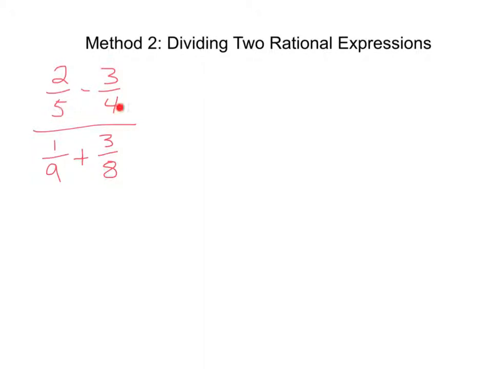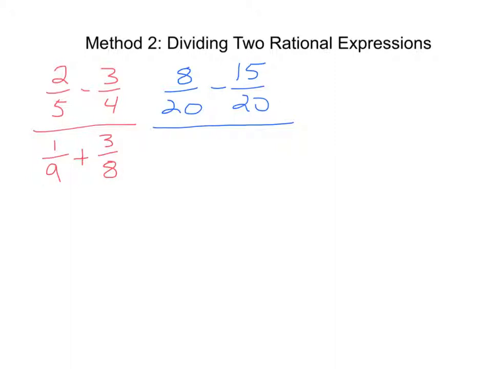Okay, and so that's going to be a 20. So then I'm going to multiply the first fraction by 4 over 4, and get 8 over 20. And the second fraction by 5 over 5, and get 15 over 20. All right, now I'm going to move down into the denominator and do the same thing.